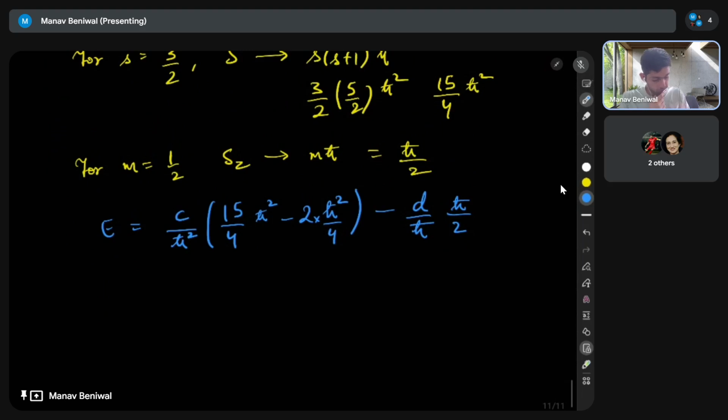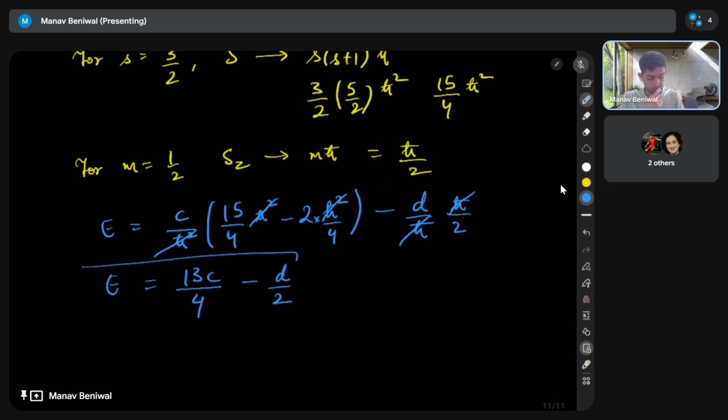So what do we have here? The h cut squares will cancel out, and this h cut will cancel out. This will give us C times 15 minus 2, which is 13, so 13C by 4 minus D by 2. Okay, 13C by 4 and minus D by 2.